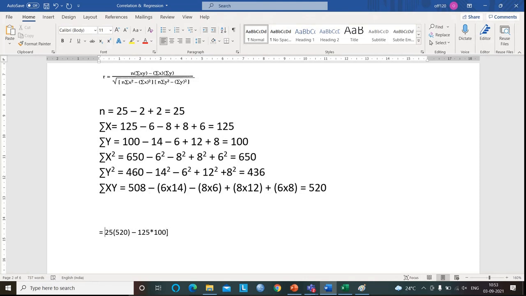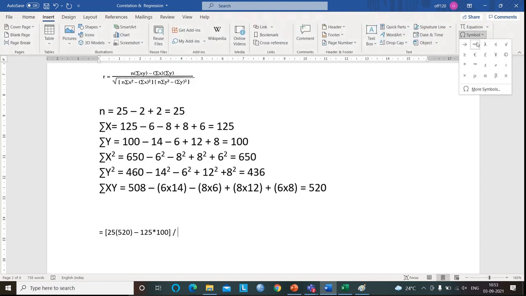Let me separate it as denominator and numerator. So this is the numerator case. It is already finished. Now divided by square root of the complete expression. Now the first expression in that is n summation x square minus summation x whole square.